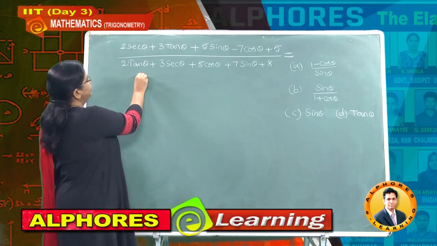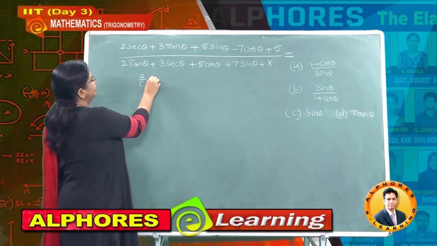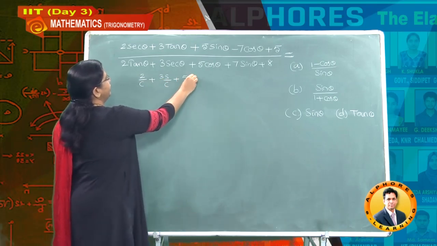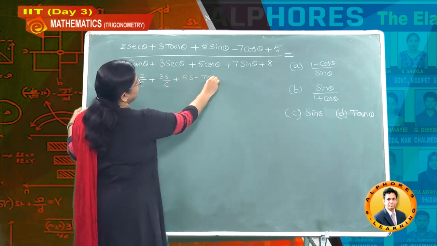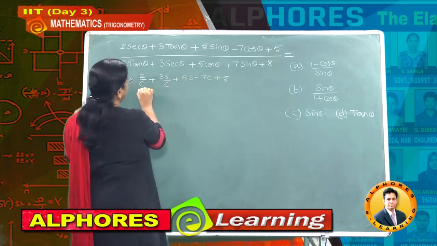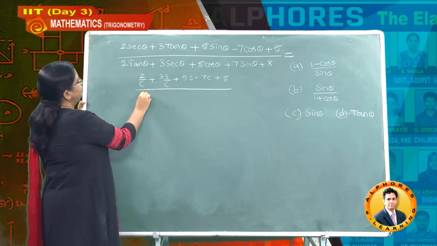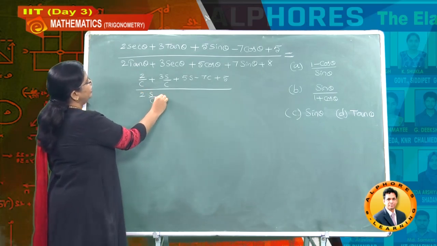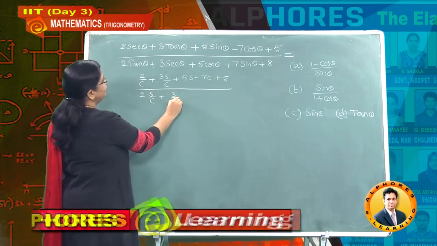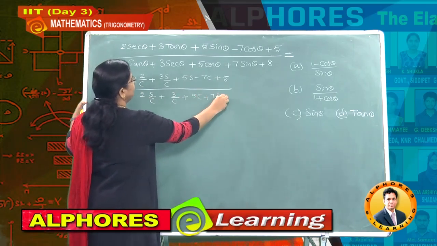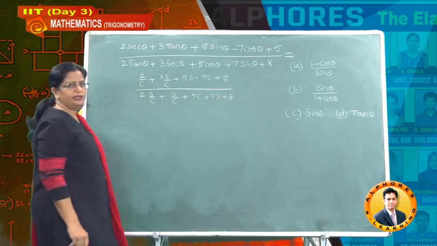That means here 2 divided by cos plus 3 into sin by cos plus 5 sin minus 7 cos plus 5, whole divided by the denominator, that is 2 times sin divided by cos plus 3 divided by cos plus 5 cos plus 7 sin plus 8. Got the point?